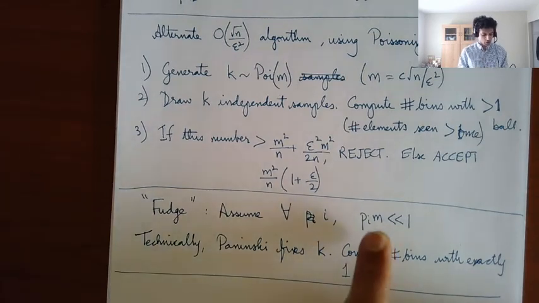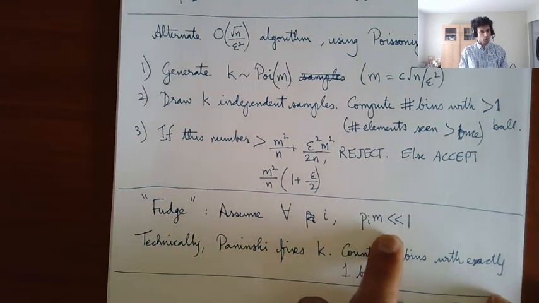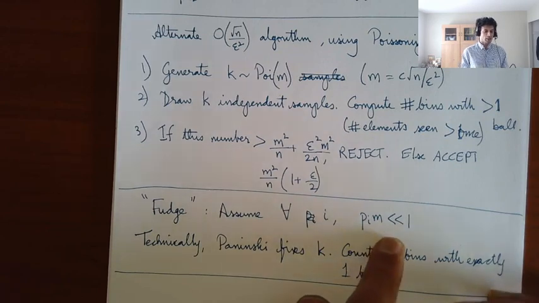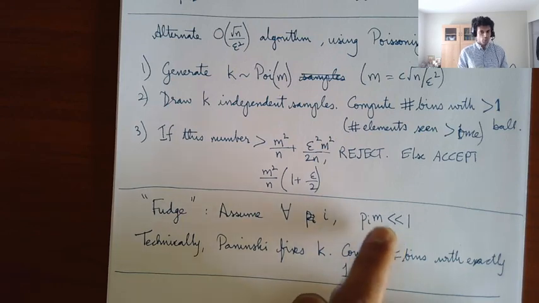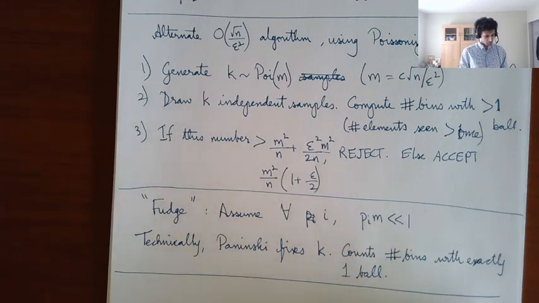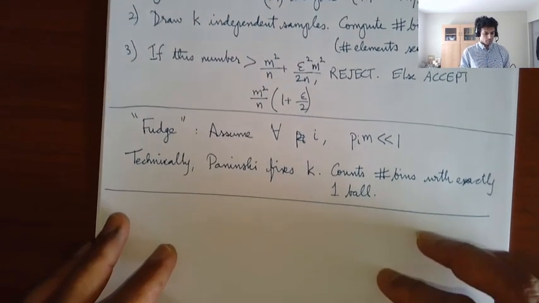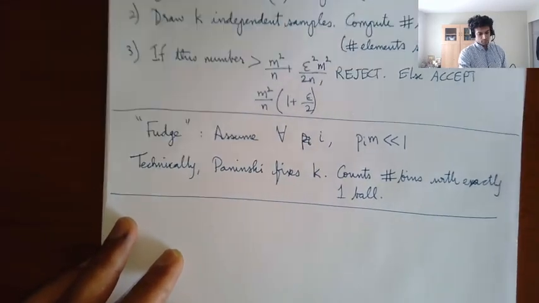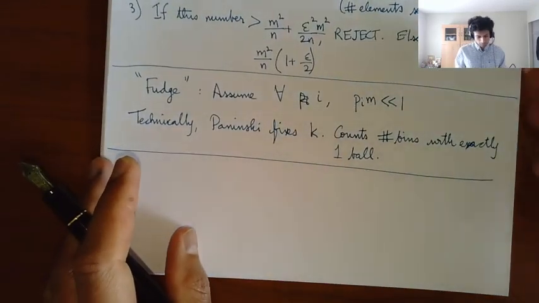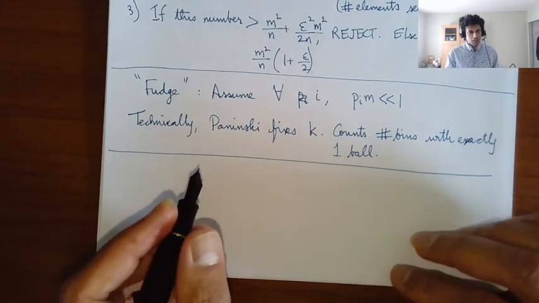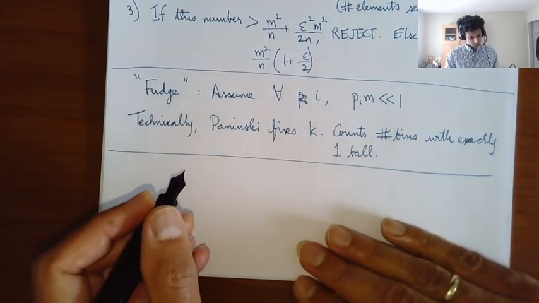Let me for now assume that pi times m is much smaller than 1. And that will take care of this case that you have. And then we'll come back and discuss how we can remove this assumption, because with this assumption the proof becomes extremely short. And you'll see exactly where things are going to start breaking down.